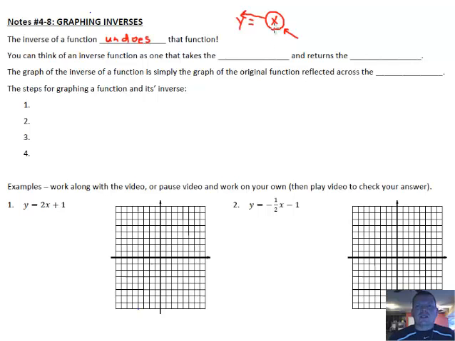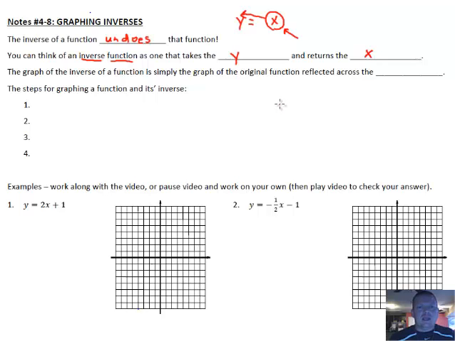So we take the x and we return the y. But with an inverse function, you can think of it as one that takes the y, or the output, and returns the x, or the typical input. And we'll see how that works in just a moment.